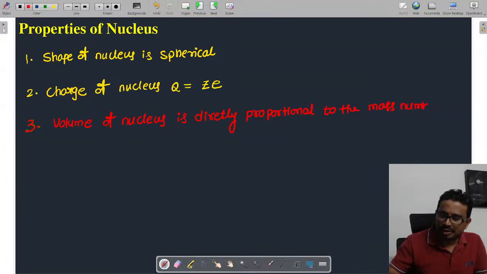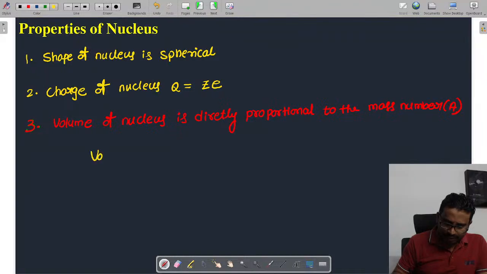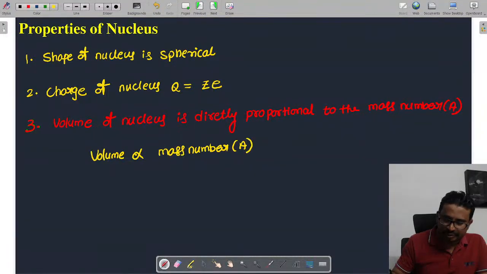Directly proportional to what? Mass number. Mass number is what? A. Volume of nucleus is directly proportional to the mass number. So that is volume, which is directly proportional to mass number. Volume of the nucleus is directly proportional to what?